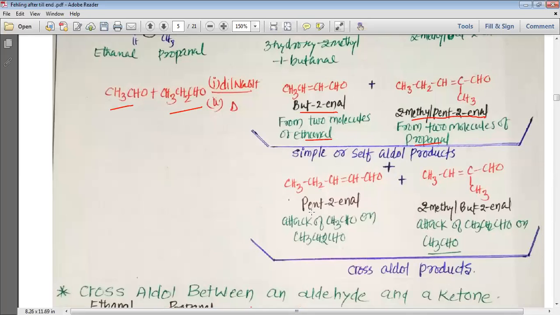Apart from that, we get pent-2-enal for the attack of CH3CHO on CH3CH2CHO. But when the attack of CH3CH2CHO on CH3CHO takes place, we get 2-methyl but-2-enal. Please remember that the alkene is always between the alpha and beta carbon, and that is why it is the 2-alkene that we get mostly as a product.